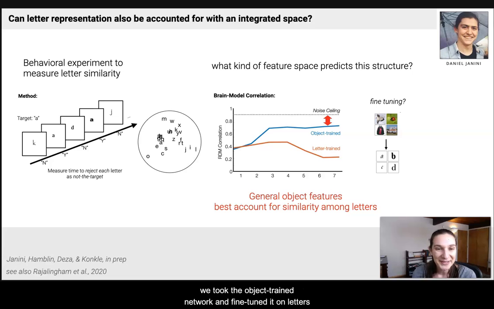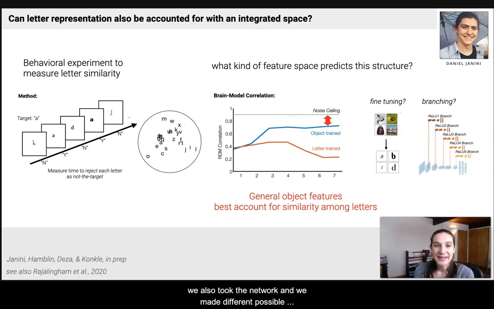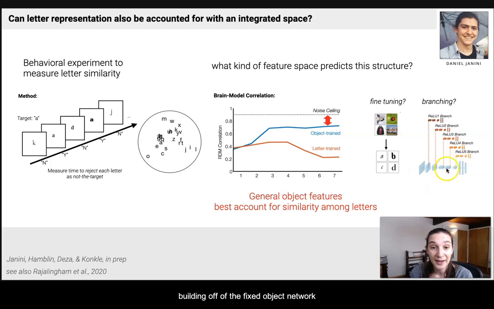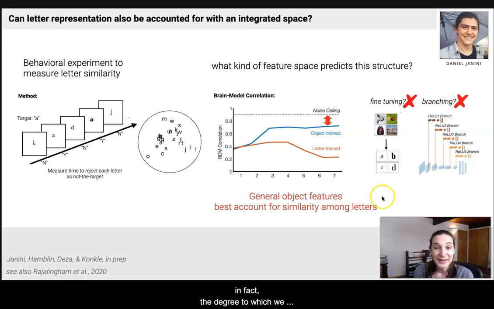We took the object-trained network and we fine-tuned it on letters. We also took the network and we made different possible branching points where we set aside a smaller network that could learn letter selective features but building off of the fixed object network. And unfortunately, none of those closed the gap. In fact, the degree to which we introduced more letter training, it actually impaired the fit to the behavioral data.